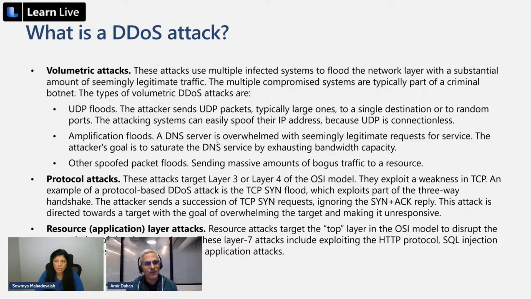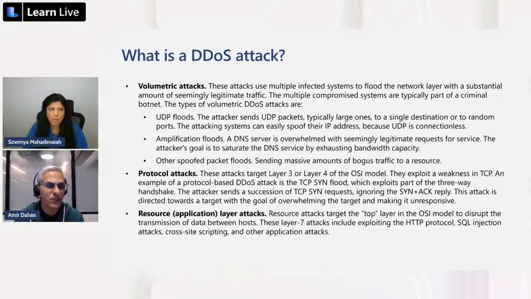What are the types of DDoS attacks? We have three main groups. The first one is volumetric attacks. Volumetric attacks are intended to flood the network layer. They create a substantial amount of seemingly legitimate traffic or bad traffic in order to compromise the systems and networks so they become unresponsive.